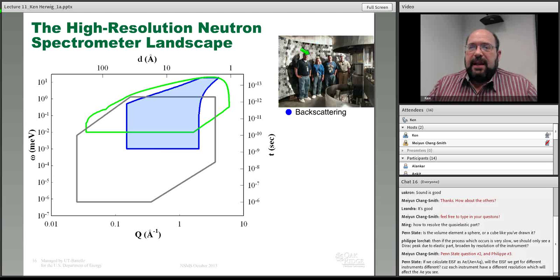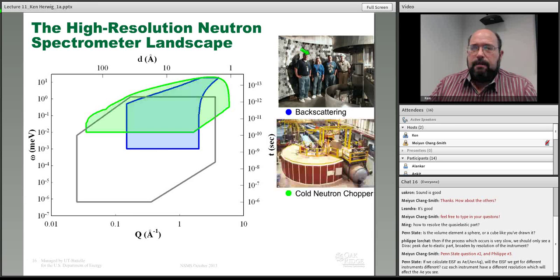Backscattering crystal analyzer spectrometers cover a relatively wide range in this phase space, as shown by the blue area there. Chopper spectrometers, like the cold neutron chopper at SNS or the disk chopper spectrometer, cover a somewhat broader range but are typically not able to reach the highest resolution, slowest motions that a backscattering spectrometer can.